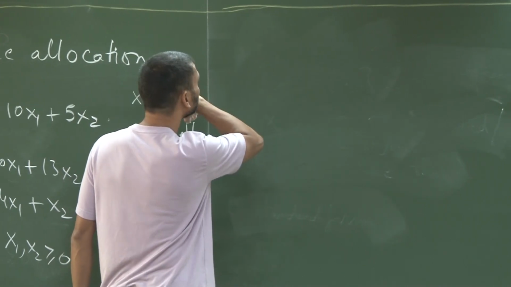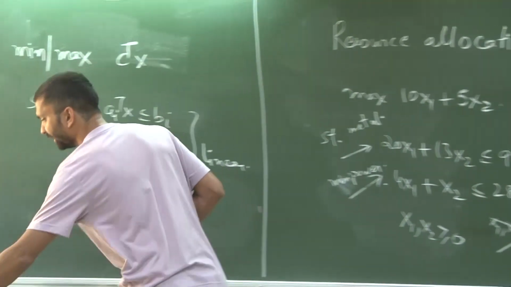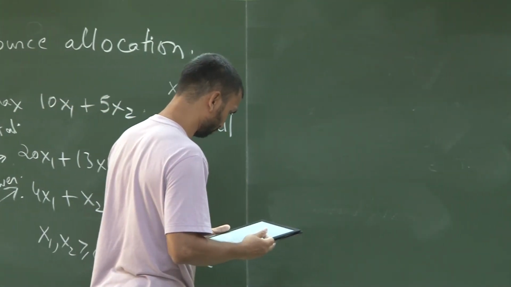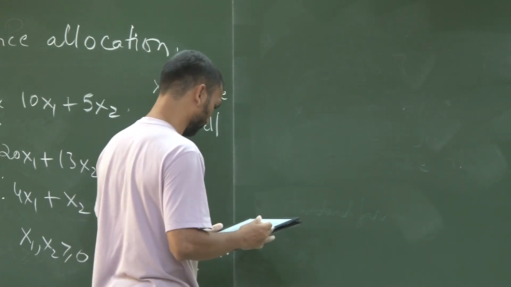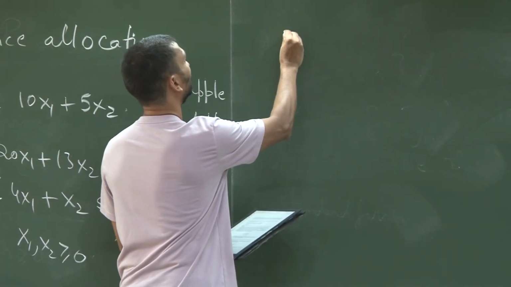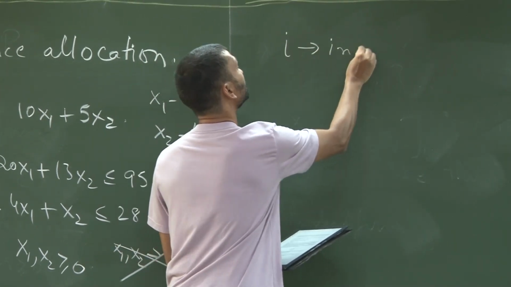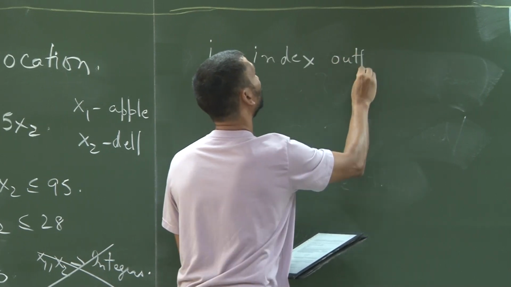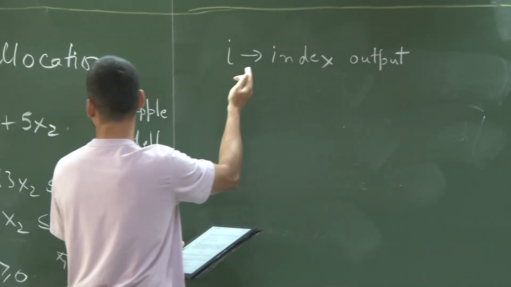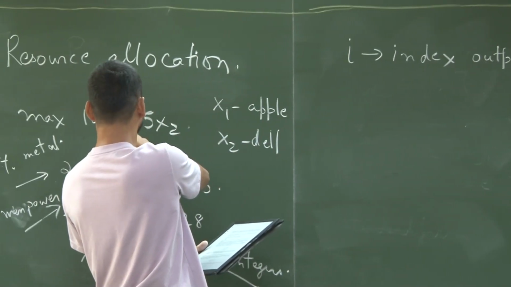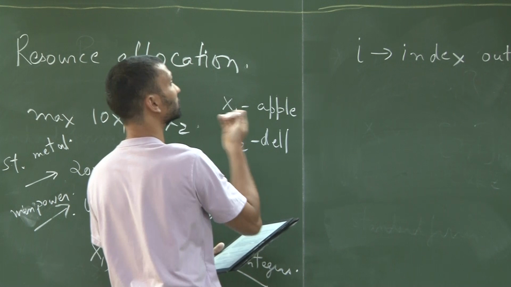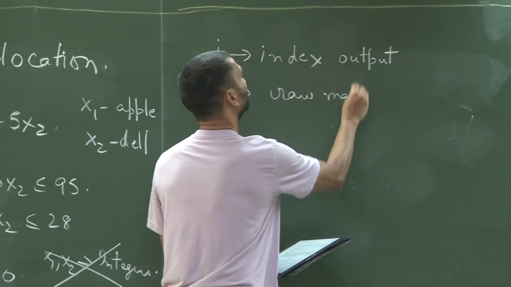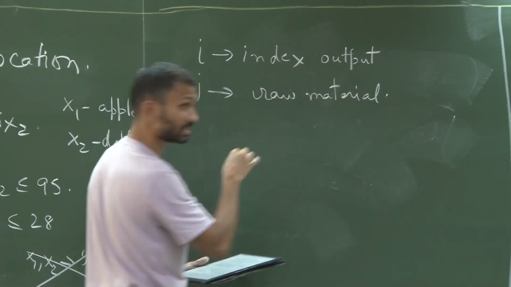I can say that I have this rho i as the market cost of, so let's say, i will index my output. So in this case I will go from 1 and 2. 1 is Apple, 2 is Dell, and j will index the raw material.